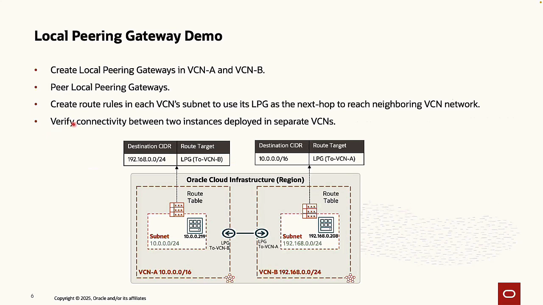So in the demo, we're going to have two VCNs, VCN A and VCN B, and we're going to peer two LPGs together within these two VCNs. And from there, we're going to create route rules in each VCN subnet to use its local peering gateway as the next hop to reach the neighboring VCN network. Then after that, we're going to verify connectivity because I'll have two instance VMs deployed, one in each of these VCNs. All right, so let's begin.